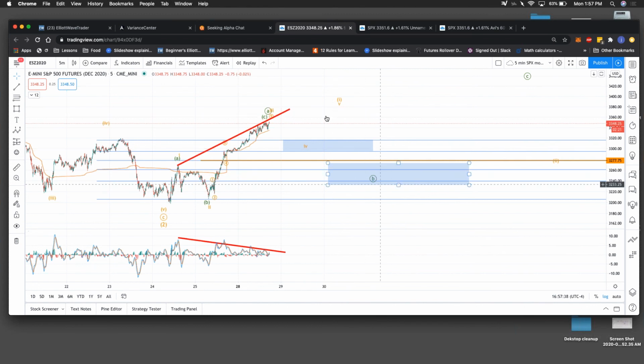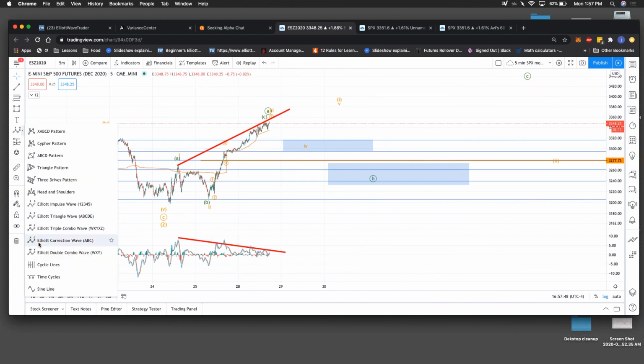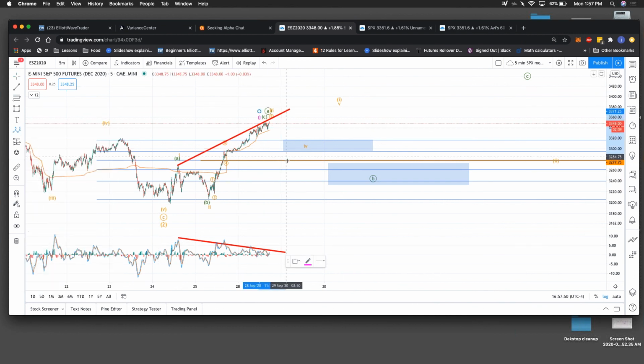It's possible it takes shape as a triangle. It's possible that it takes shape as a flat. So I don't know if it's going to be a direct move lower, or realistically it could be something like this, where we get an A down, a B up, and then a C lower.